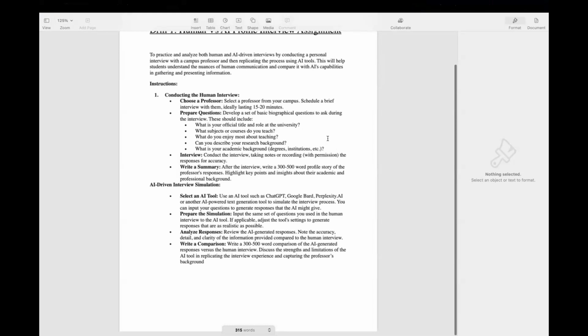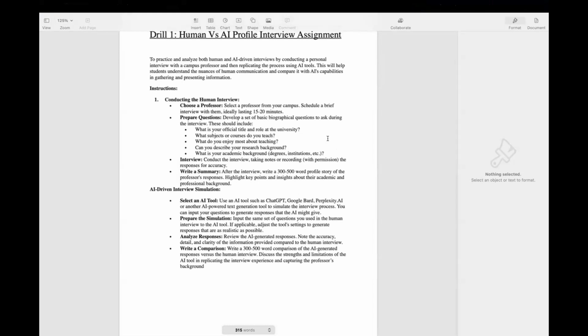And then lastly, a reflection of their experience, traditional human communication methods versus AI methods, right? So each drill, each assignment we build each week, has an AI component, a human component, and then a reflection component. Each week they are tasked with being critical of AI, either in a good way or a bad way.